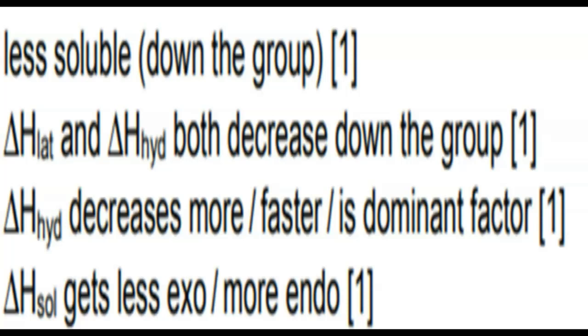So as we move down the group, both lattice energy and hydration energy decrease because size increases. However, delta H of hydration decreases more significantly. That is why delta H of solution becomes less exothermic.